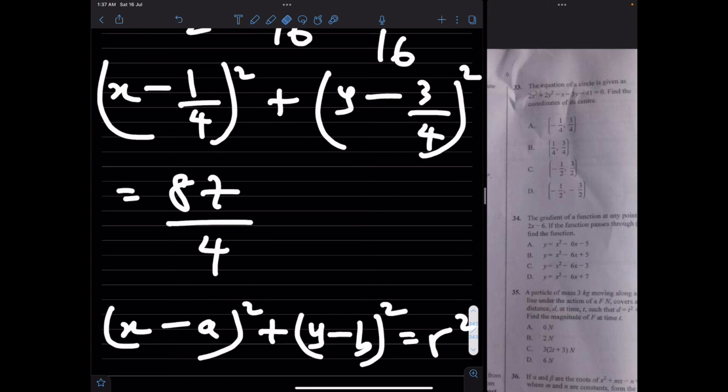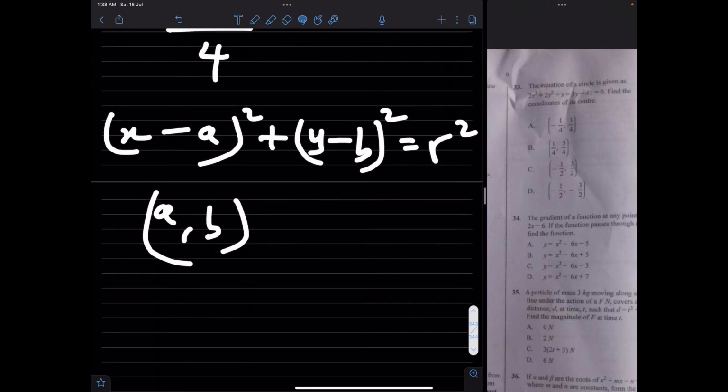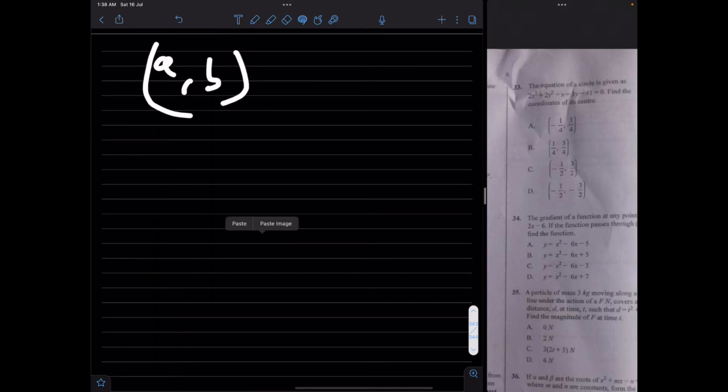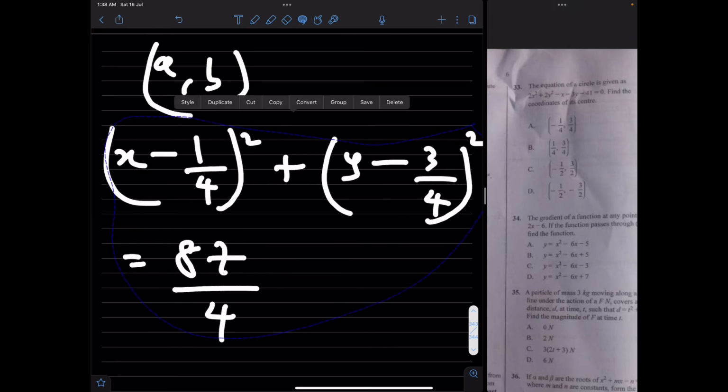This is the equation of a given circle, so we want to compare it to the general form of the equation of a circle.